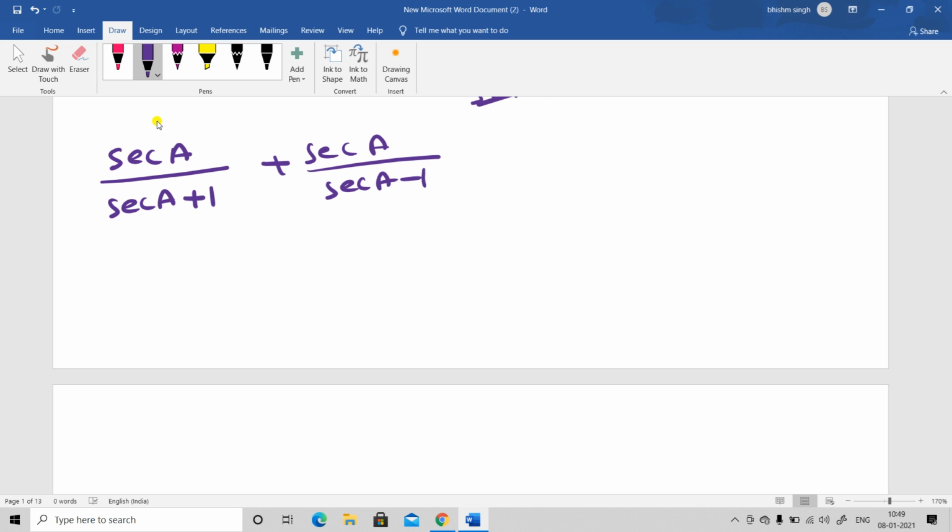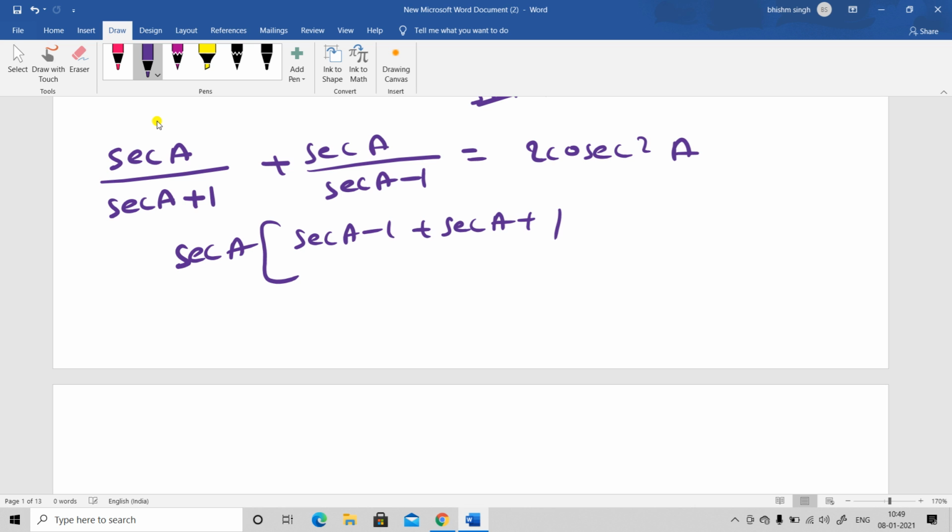Previous one we have done with cosec, and this one, both are the same question. RHS I will also write here, that is 2 cosec square A. So sec A here I will take common, and sec A minus 1 plus sec A plus 1 divided by sec square A minus 1. That's it.